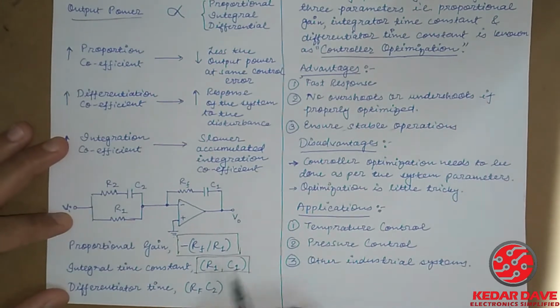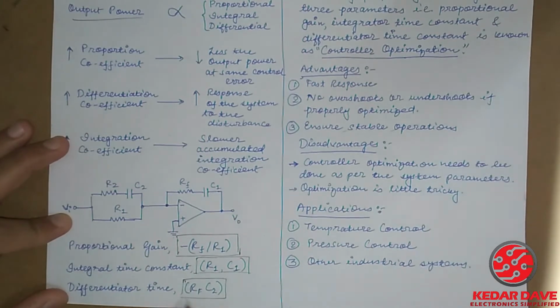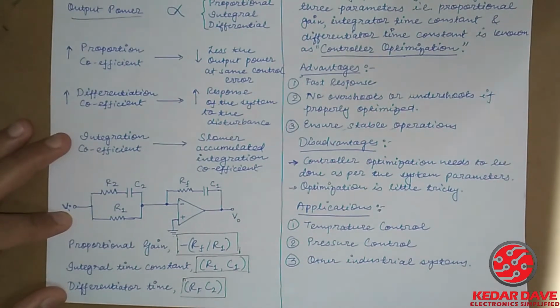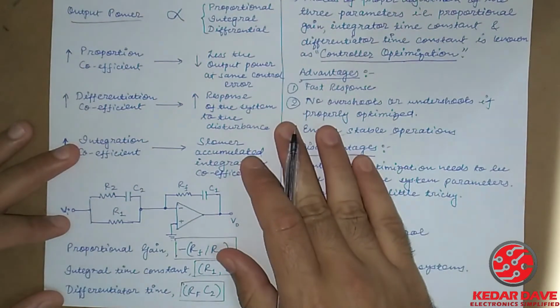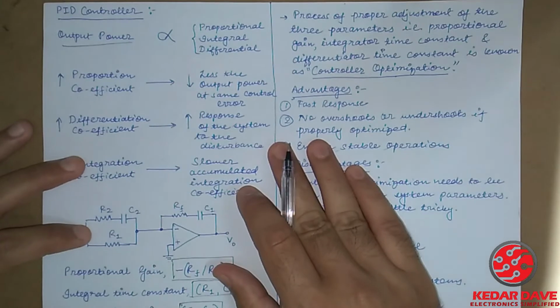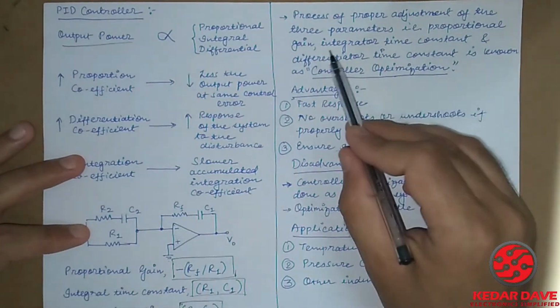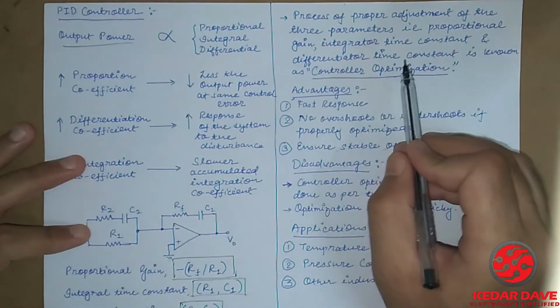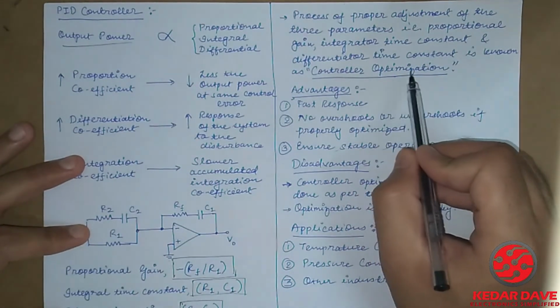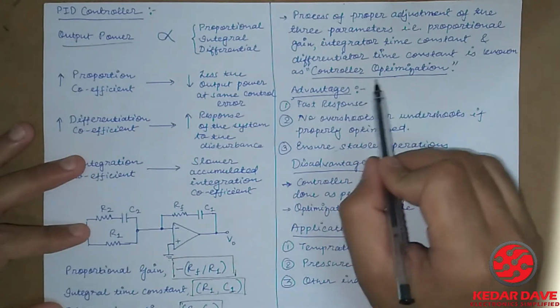So both these values will differ the integral time constant, and the differentiation time constant will be described by the feedback resistance and capacitor values. Okay, so this is the basic process, and the proper adjustment of the three parameters, that is proportional gain, integrator time constant and differentiator time constant, is known as controller optimization.